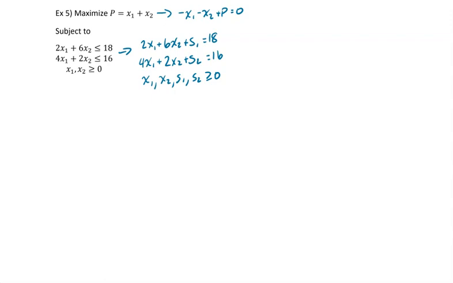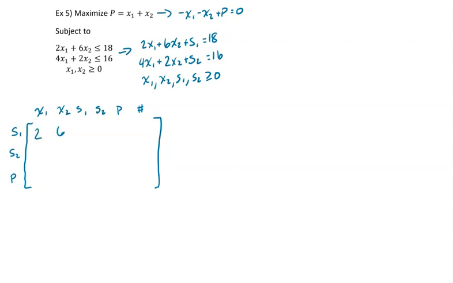Okay, so for our tableau, we're going to have x1, x2, s1, s2, p, and the number on the side. On the left, we're going to start off with our slack variables and p. And let's go ahead and put in our constraints.